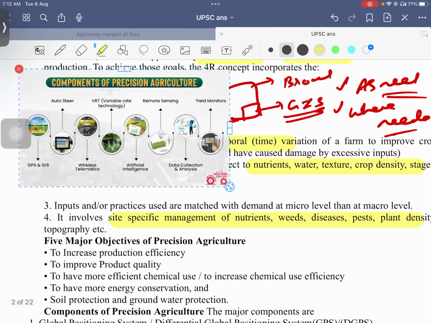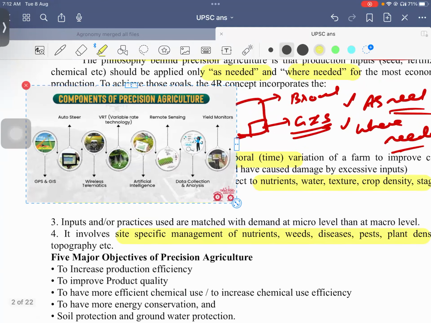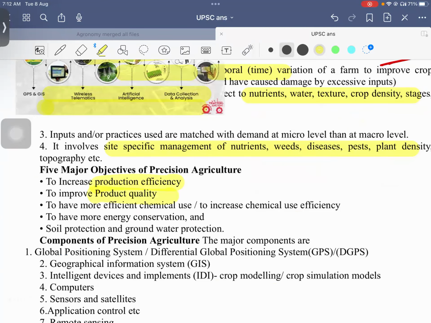What are the major objectives? To increase production, productivity, product quality, to have efficient chemical use, to save energy, soil protection, and another is environmental advantage, because you are not wasting fertilizers.